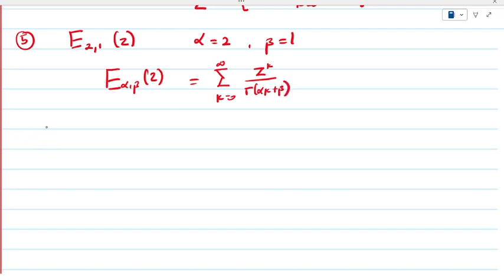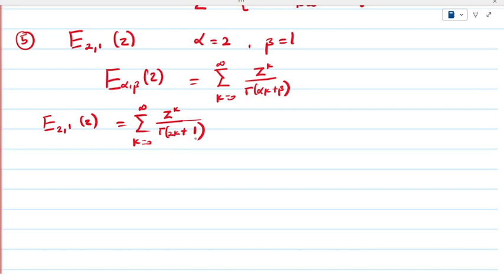Substituting that, we have E_{2,1} of z equals the summation k equals 0 to infinity of z to the power k over gamma of 2k, because our alpha is now 2 and our beta equals 1.